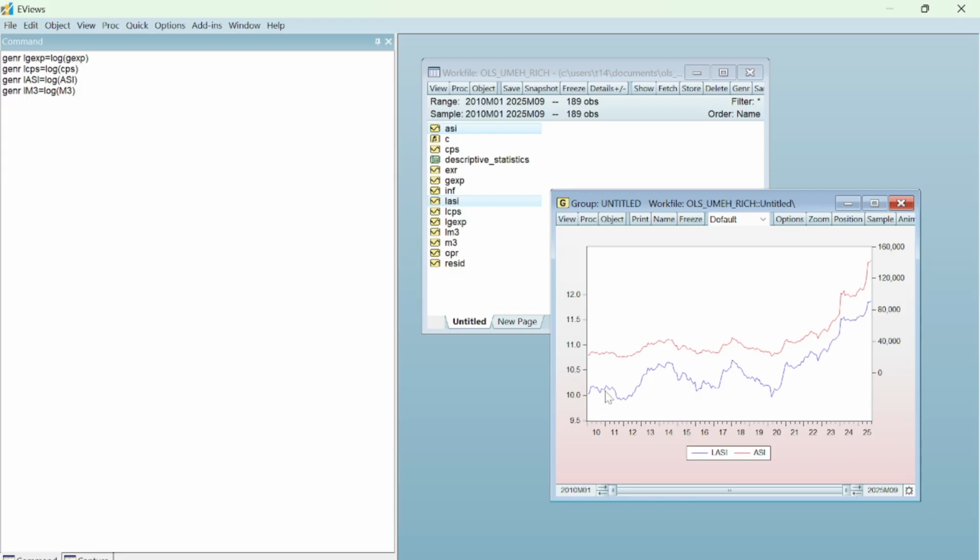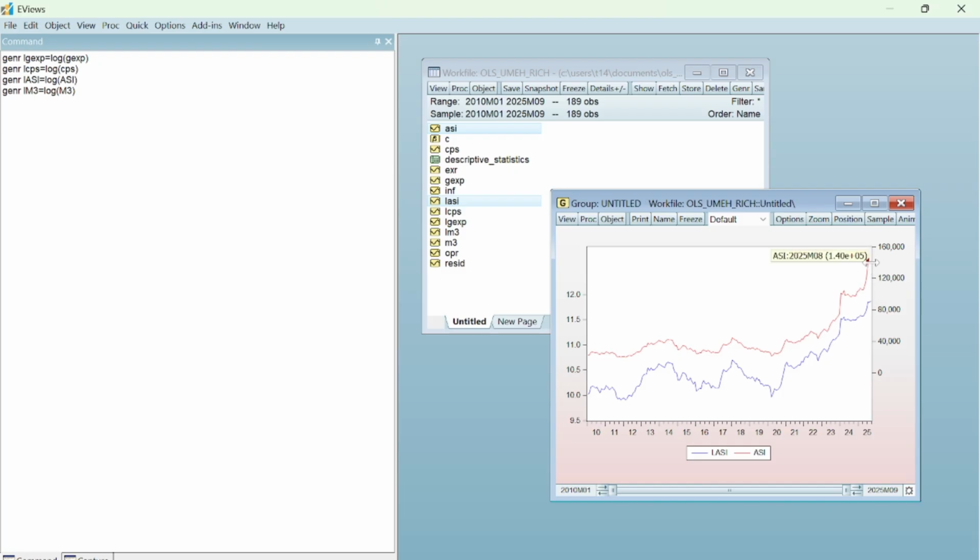So this is log of ASI, and this is ASI itself. You can see ASI, this is how big it is, and now that we've logged it, it became smaller. We compressed it, it's like the volume of the data set became more compressed.